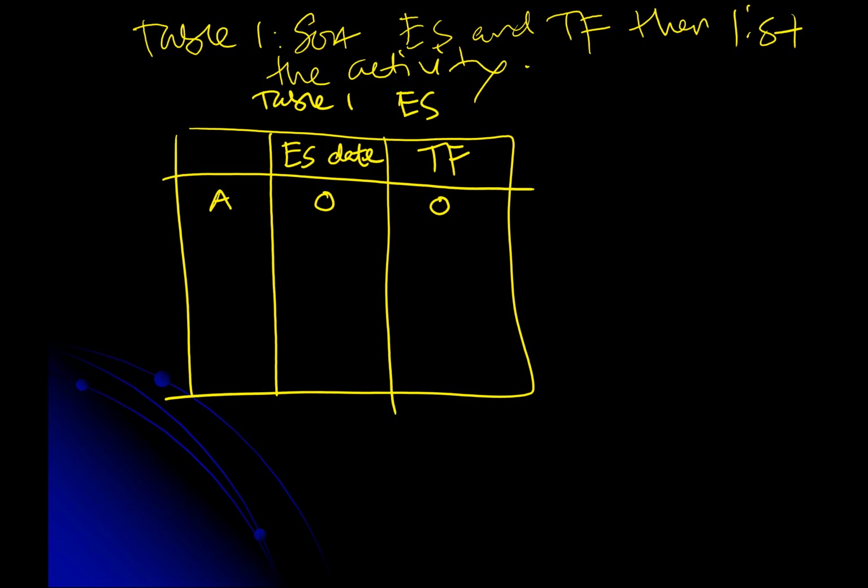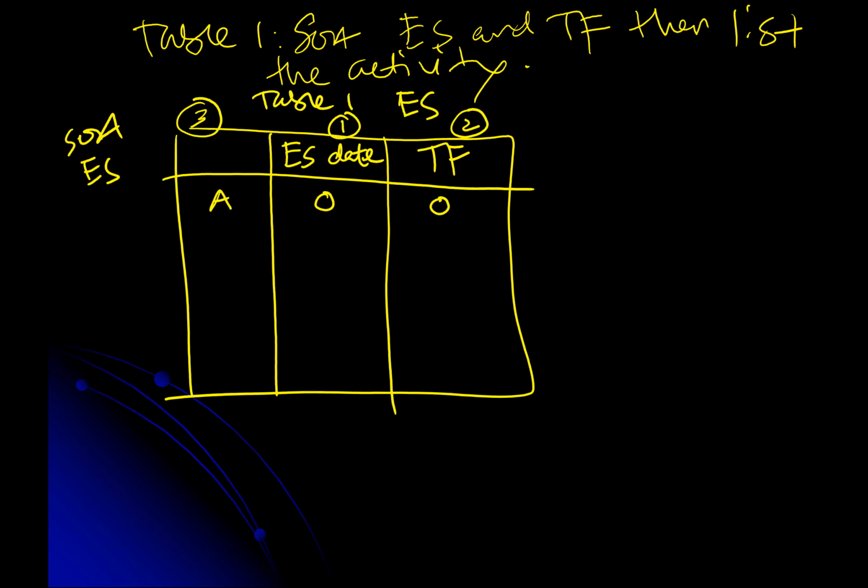So in terms of table, you need to come up with this column first. Column 1, column 2, and then only column 3. This is like sorting. Sort according to early start. Next, what could be the second earliest date?